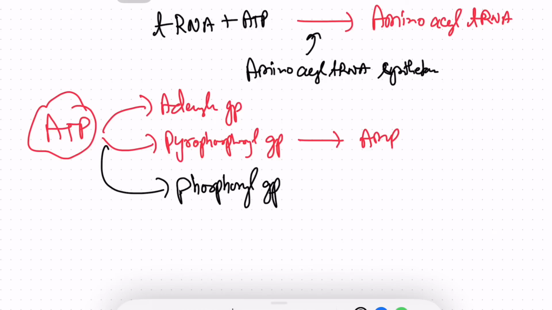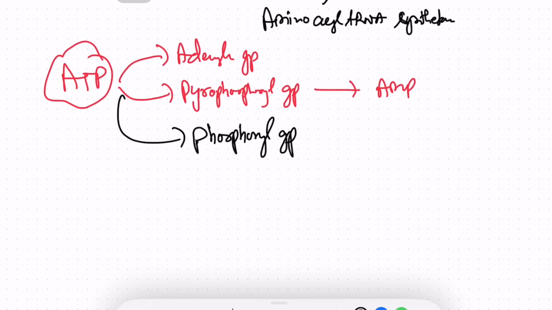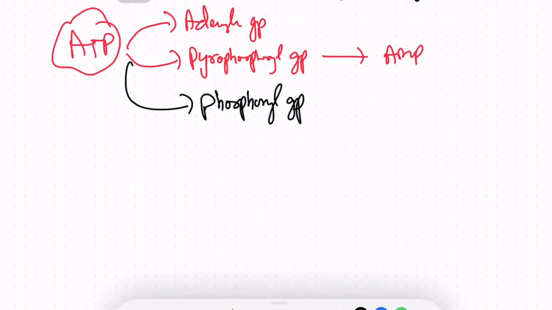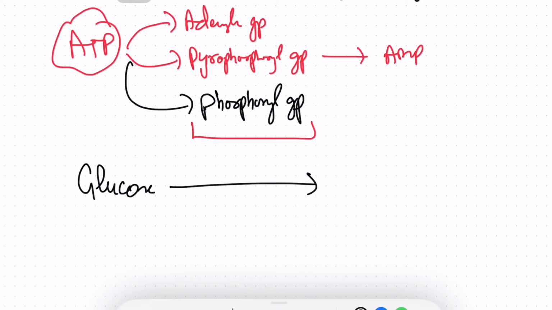Now here I just want to give you one example. Hopefully you remember the step of glycolysis. I have to discuss this phosphoryl group transfer. In glycolysis, glucose is metabolized to glucose 6 phosphate.